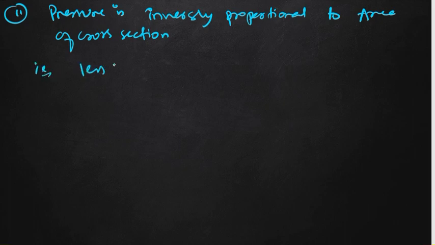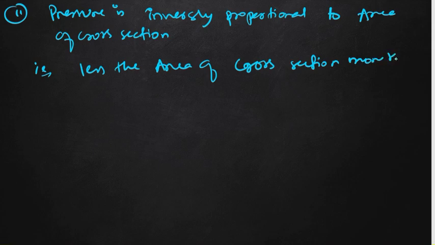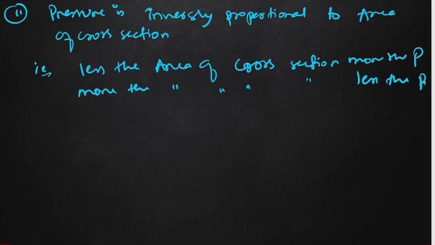That is, less the area of cross section, more the pressure. And more the area of cross section, less the pressure. So like this. Clear?